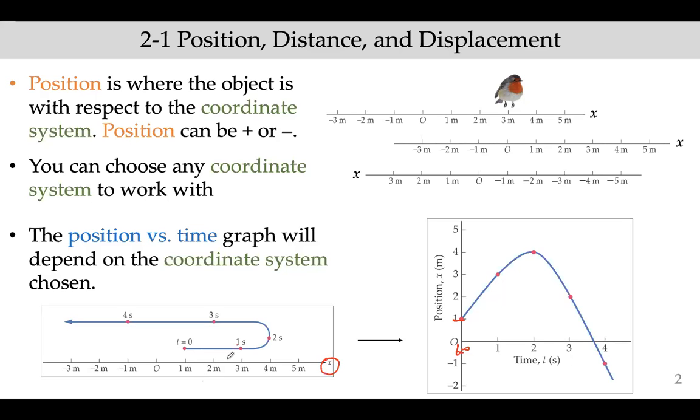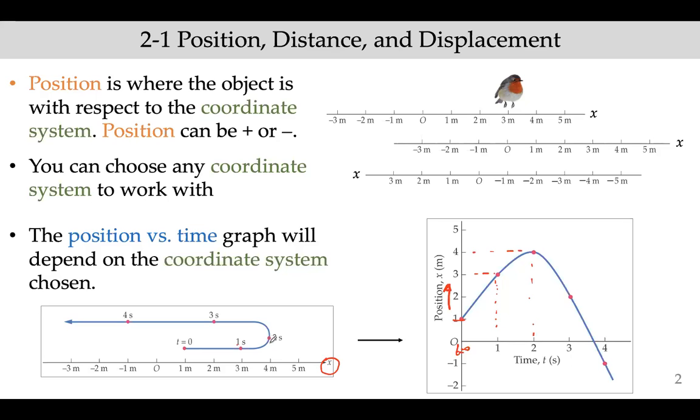At time equals 1, it's at 3 meters. This direction is the positive direction, so the object is moving in the positive direction. And it moves to 4 meters at time equals 2.